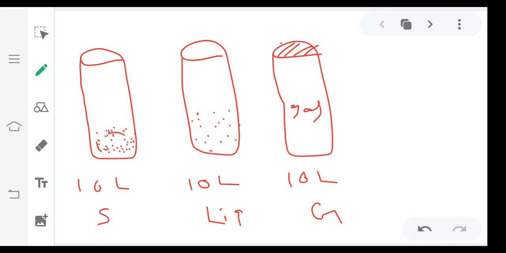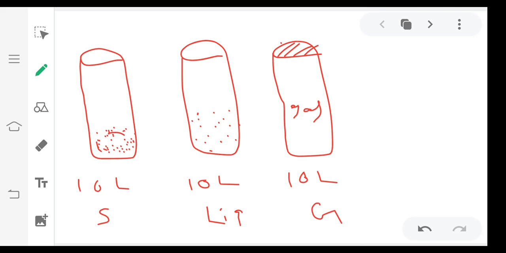Next, if you pour any gas in the container, between gas molecules there are very weak attraction forces. So they can move randomly and occupy the total space available to them. Whatever the quantity of gas, it occupies the total volume available. So 10 liters it occupies. There is no specific volume for gas.